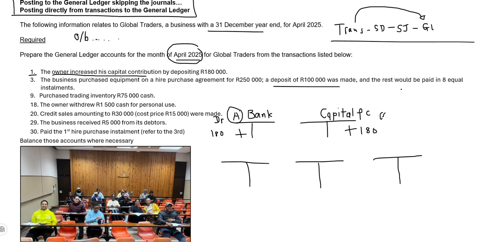A deposit of 100,000 was made, and the rest would be paid in 8 equal installments. 100,000 was cash, 150,000 was actually bought on credit. So there are 3 accounts involved, but your debits will still equal your credits.